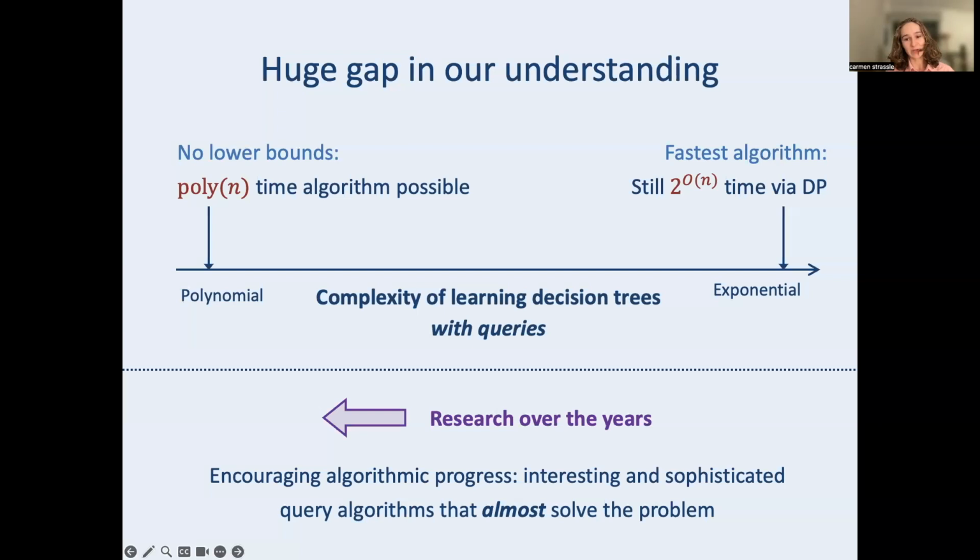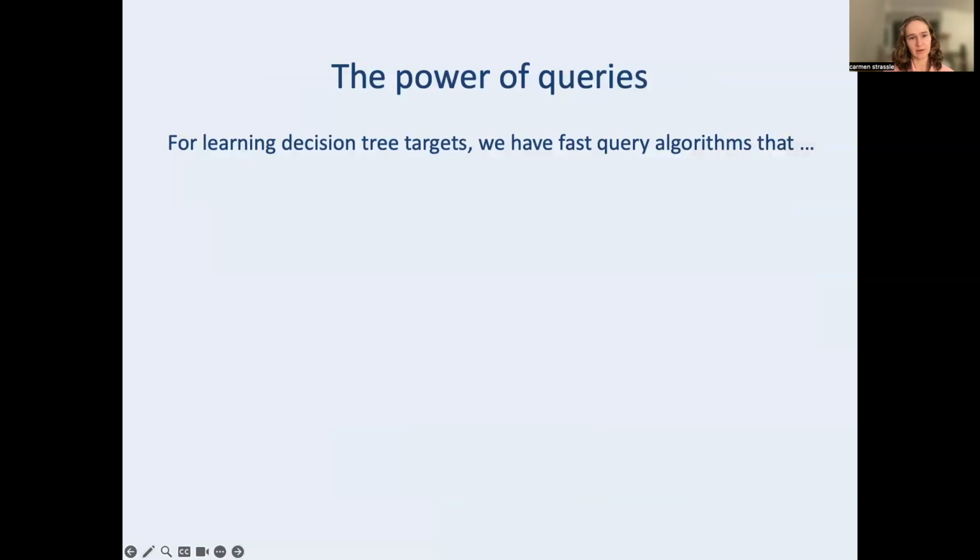Another is because it opened the door to a lot of algorithmic progress. So there have been lots of interesting query algorithms that almost solve the problem. I'll talk in the next slide a little bit about what I mean by almost solve the problem.